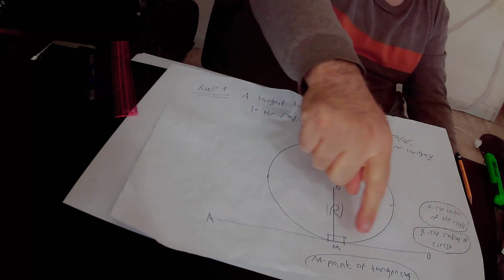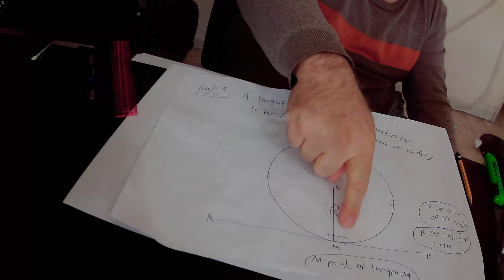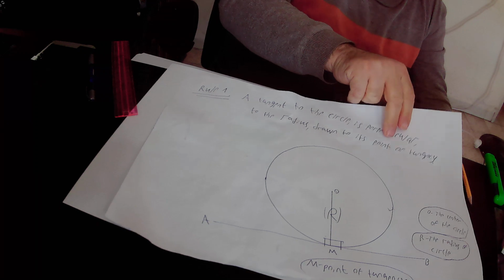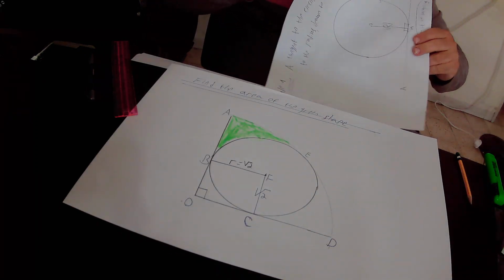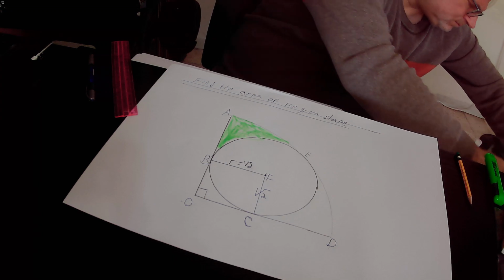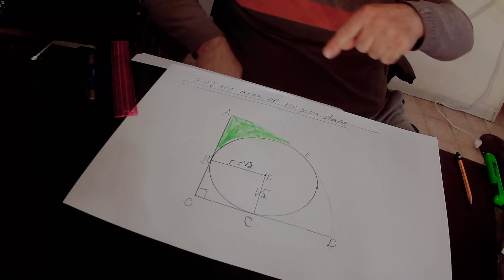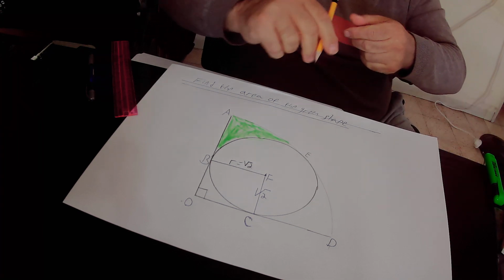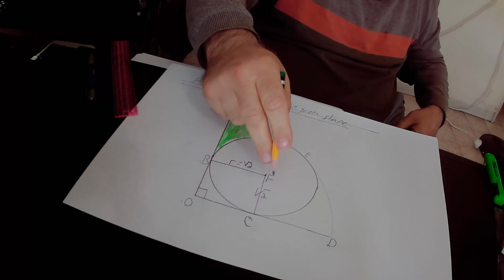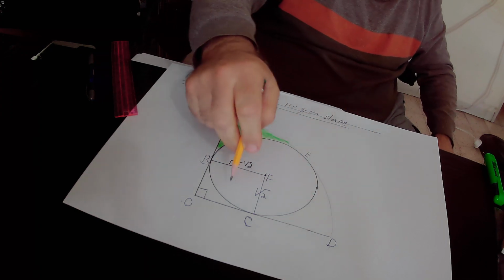If AB is perpendicular to MO, it means that this angle equals 90 degrees and this angle also equals 90 degrees according to Rule One. So we can implement Rule One in our drawing. In our drawing, we have the radius FC drawn to point C, the point of tangency of tangent OD with this circle.